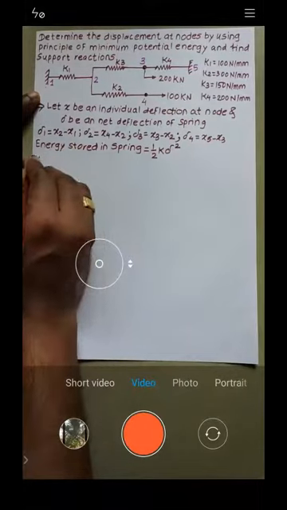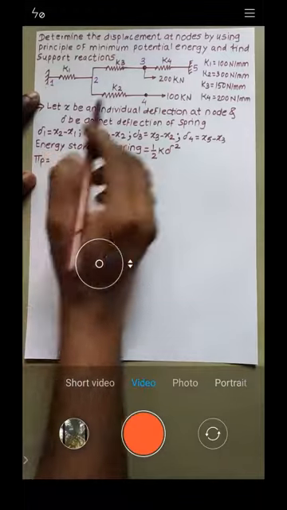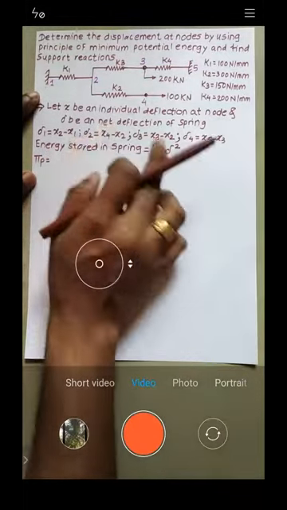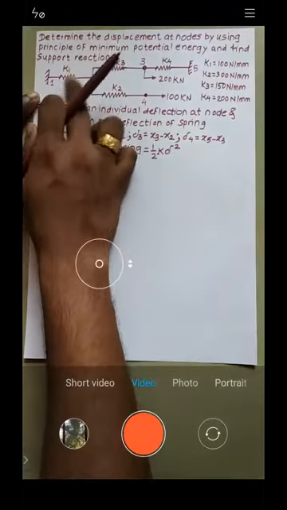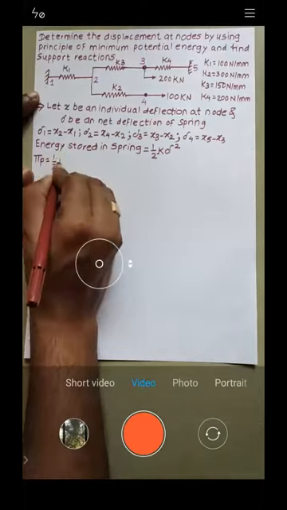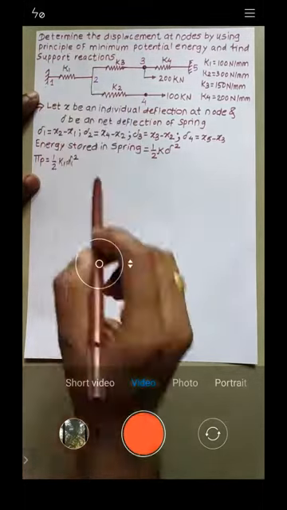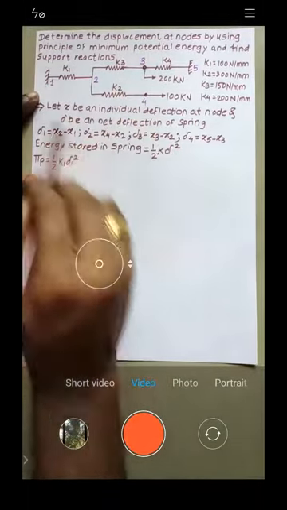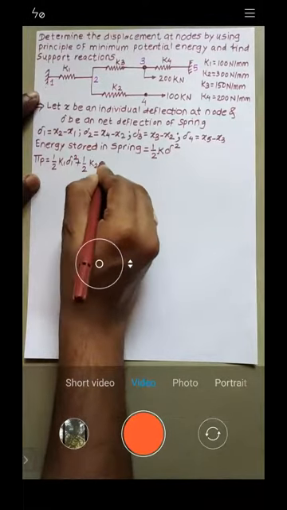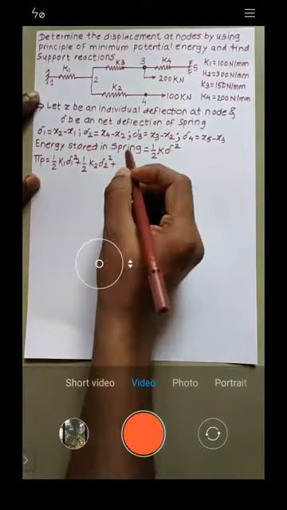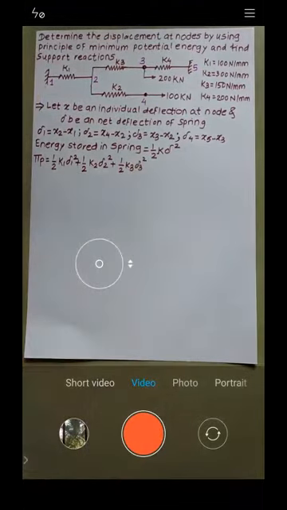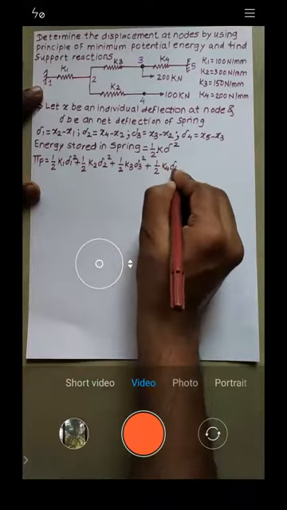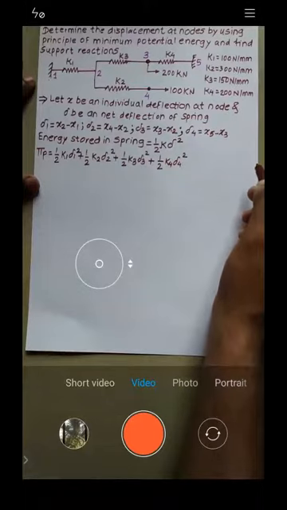So I'll write down the total potential, pi p. Each spring will have this energy stored in it. The first spring has half K1 delta 1 squared, plus the second spring has half K2 delta 2 squared, plus the third spring has half K3 delta 3 squared, plus the fourth spring has half K4 delta 4 squared.